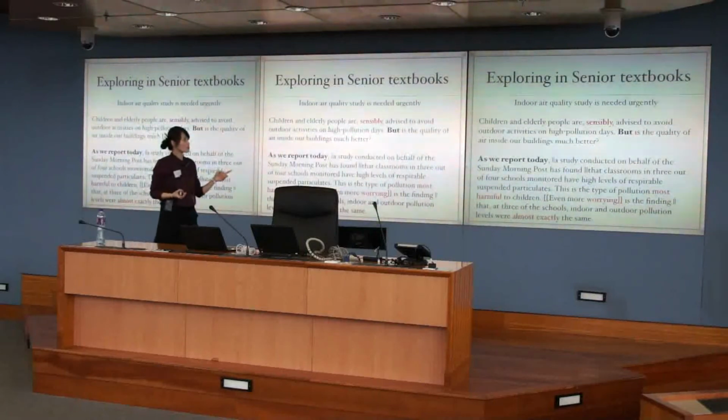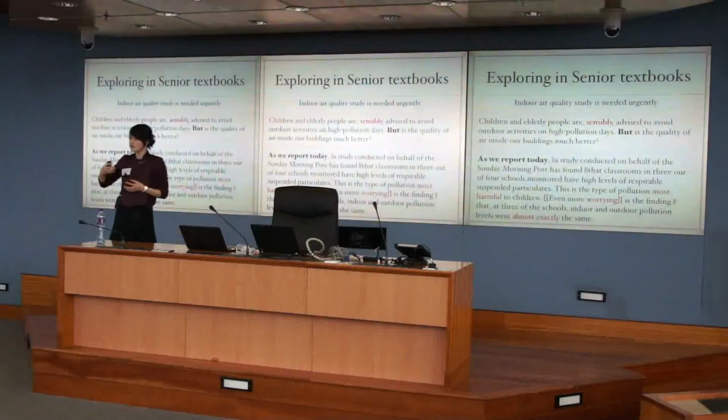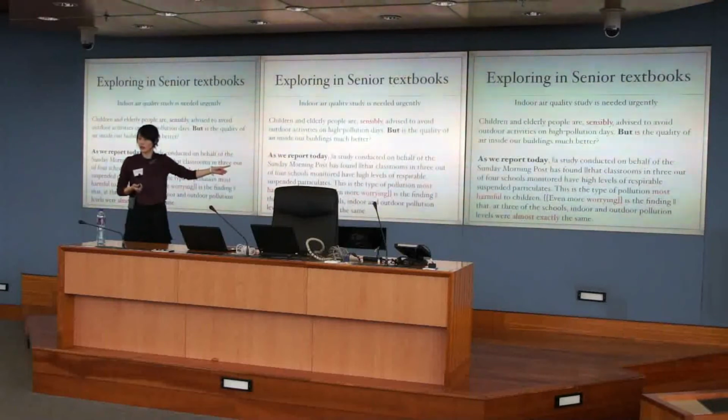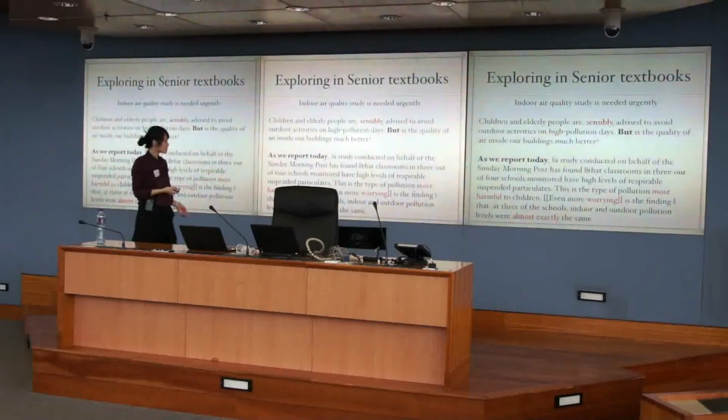And then it moves to sensibly, this comment adjunct, trying to add attitudinal color and your attitudes, your feelings into the expression. As we report today, it is using the dependent clause as a marked theme to introduce the background.